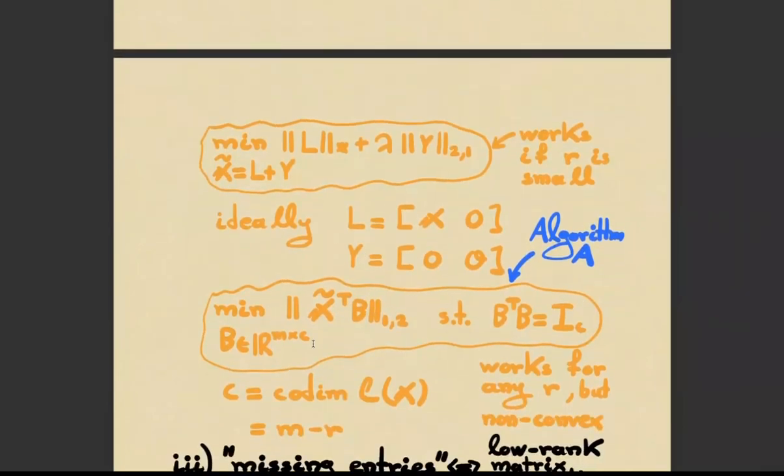Here, imagine that the rank of R is large, so the codimension of the column space of X is small.